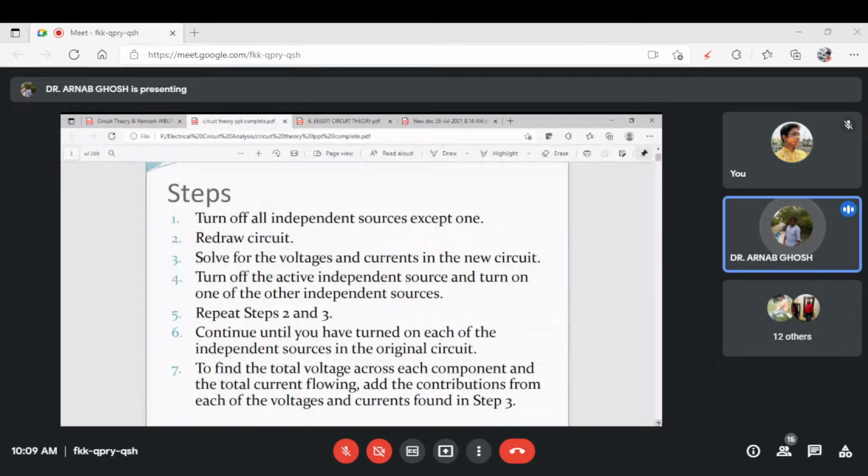You repeat all the steps, turning on only one independent source, turning off the others and replacing them by their internal resistances. You continue this for all the sources, and then you algebraically sum the component currents or the component voltages across each branch.